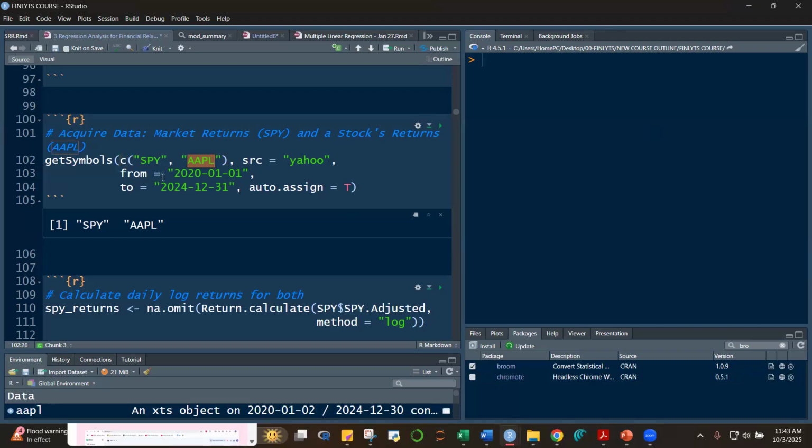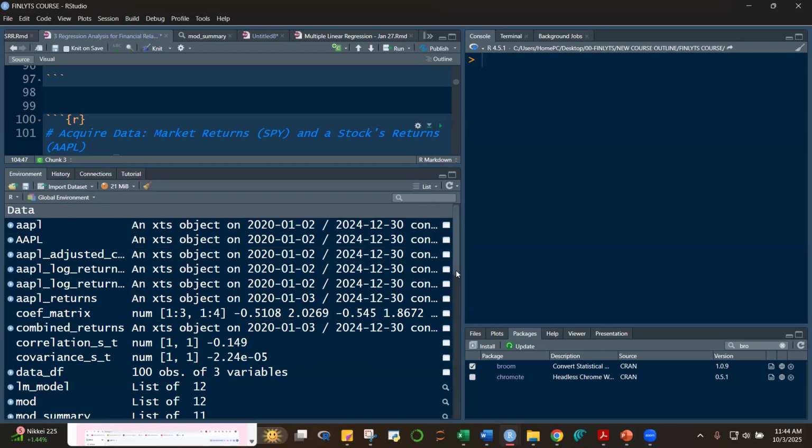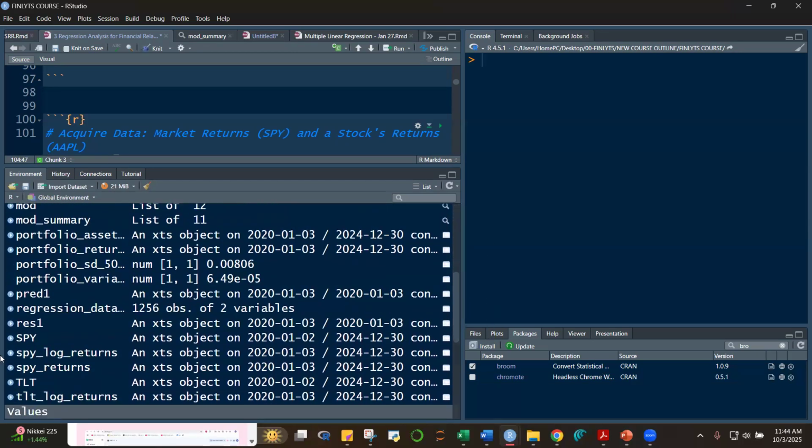Source is equal to Yahoo, from and to given the dates. And this one is actually not needed anymore, but we're just putting it anyway, because the default is TRUE, which means that R will create these two objects. So kindly run this, class, if you haven't done so. I will not run it anymore because I have run it in the past, last Wednesday. I think I have here SPY and Apple.